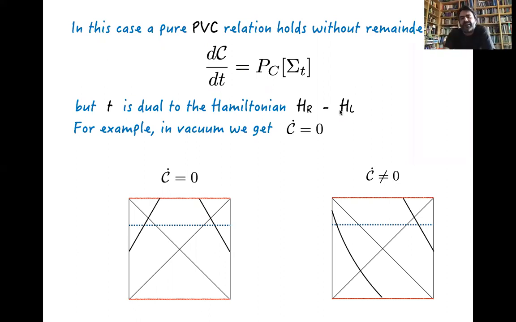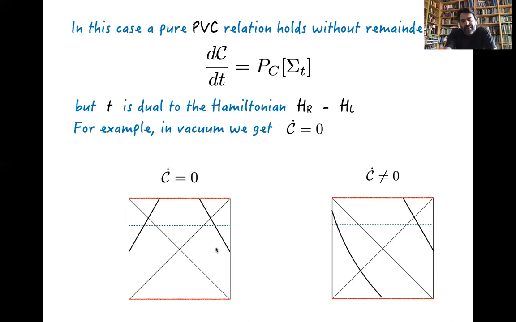So the object that has the nice PVC form equation in the case of the wormhole is the complexity rate with respect to this Hamiltonian, not with respect to the standard both-forward Hamiltonian, okay? So in vacuum, for example, or if you have shells or matter that comes in a Z2 symmetric fashion, maintaining the left-right symmetry, you always will have C dot equal 0.